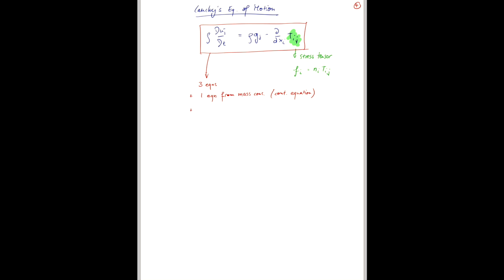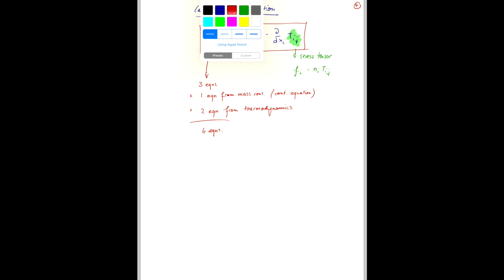And we can get 2 more equations from thermodynamics, which I'll skip here. That means we have a total of 6 equations to describe our system. Now, how many unknowns do we have? Well, we don't necessarily know the flow field. So u_j, that's 3 unknowns.